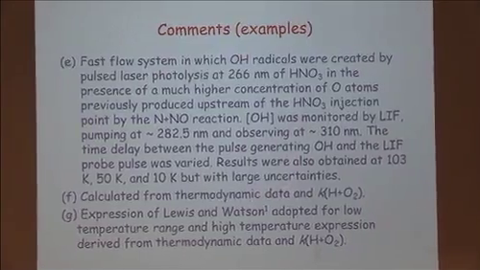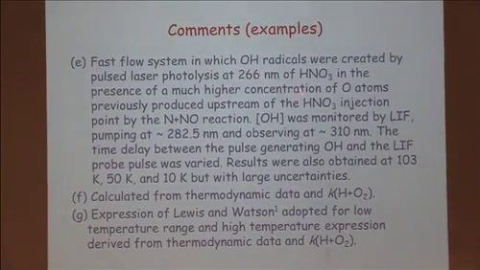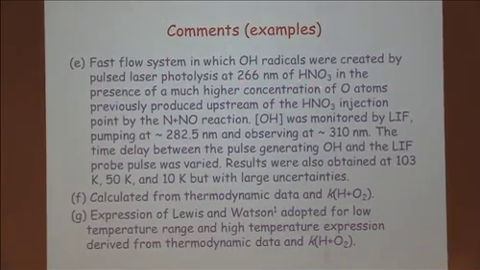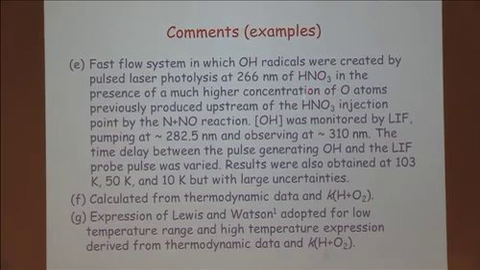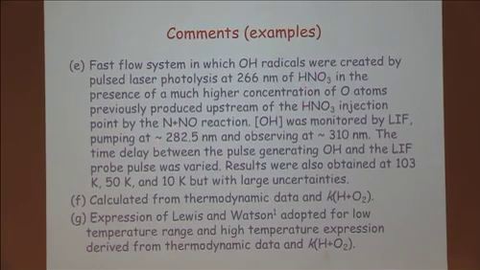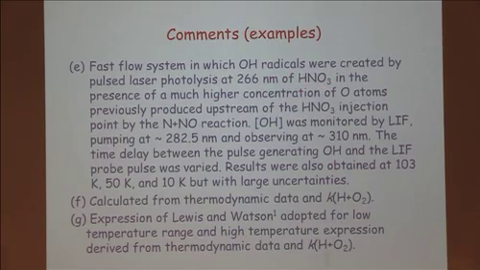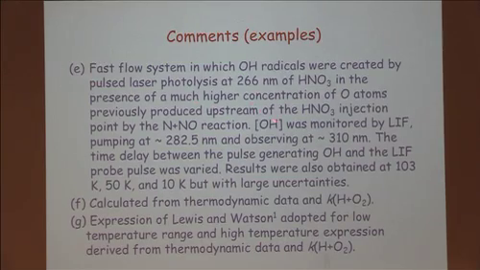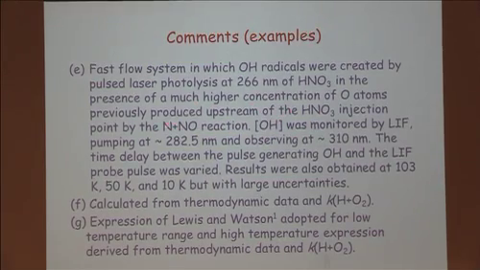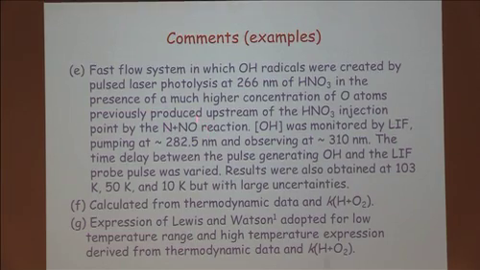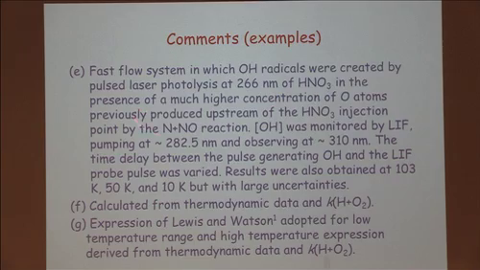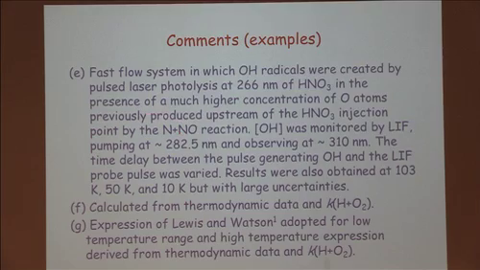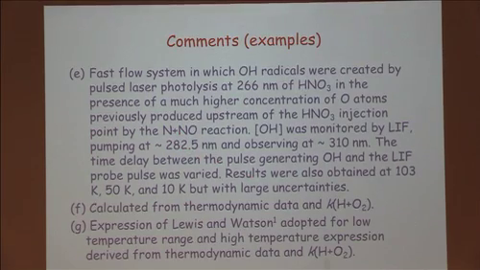And so this is a fast flow system in which OH radicals were created by pulse laser photolysis at 266 nanometers of nitric acid. So that produces OH and NO2 in the presence of a much higher concentration of oxygen atoms produced in a flow system from the reaction between N and NO. And as we said a couple of days ago, you can work out the concentration of the oxygen atom because you're doing what's called a titration experiment.